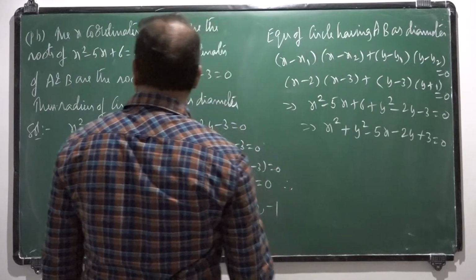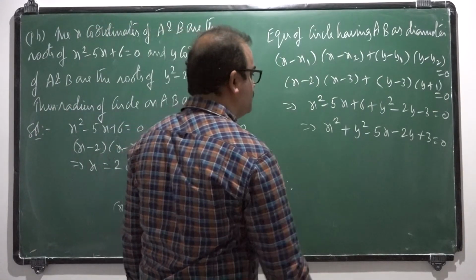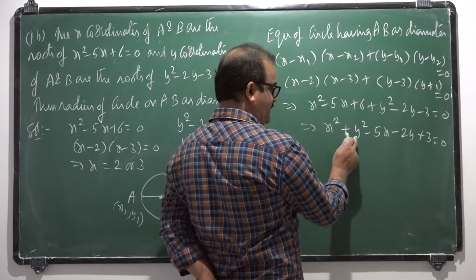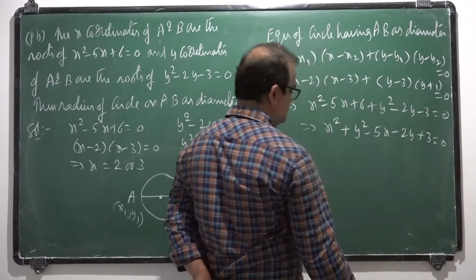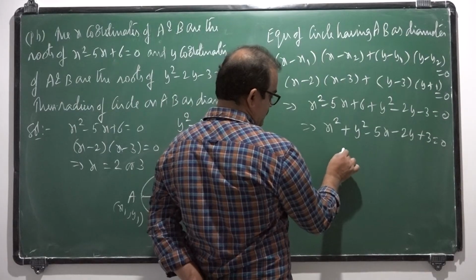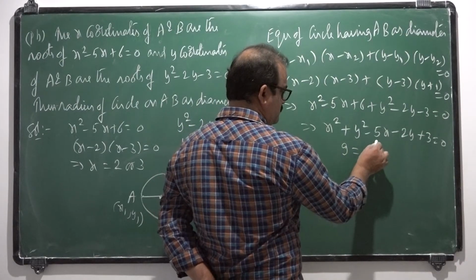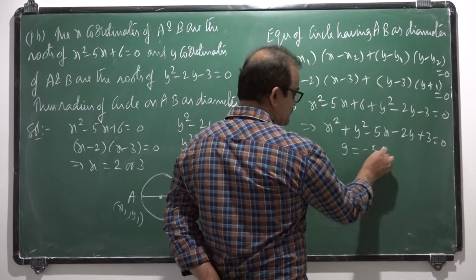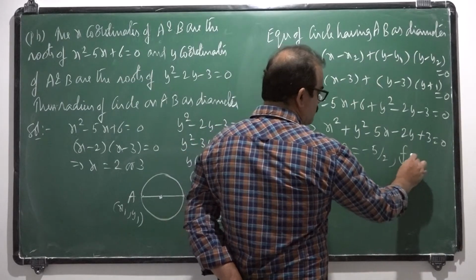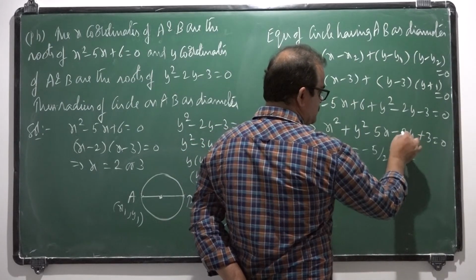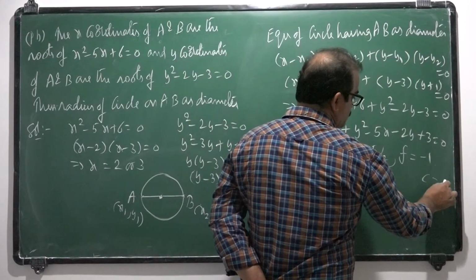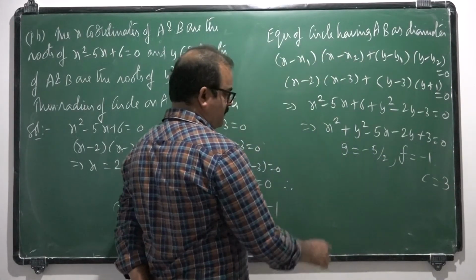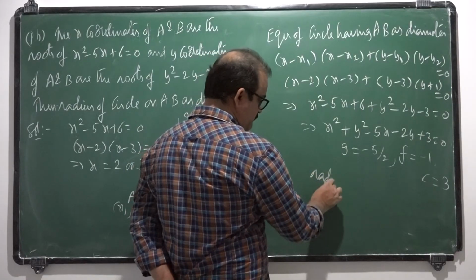To this find the radius of the circle. It is in the form of x square plus y square plus 2gx plus 2fy plus c. Here 2g is equal to minus 5, g is minus 5 by 2. 2f is equal to minus 2, f is equal to minus 1, c is equal to 3.